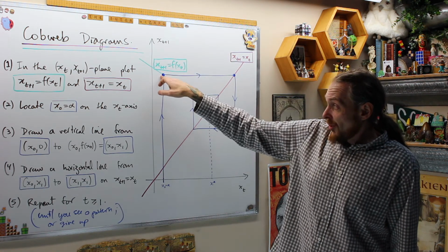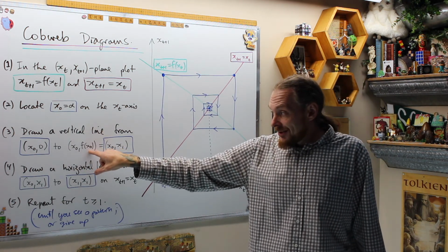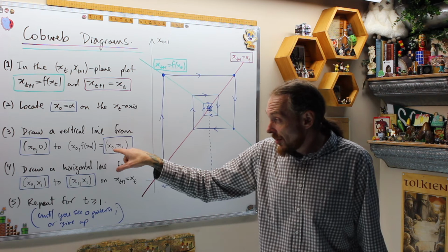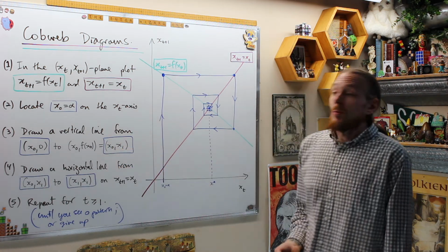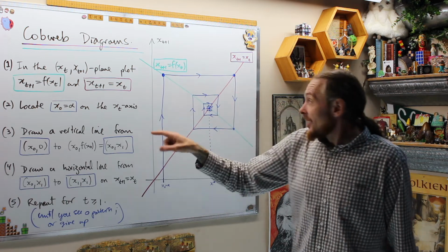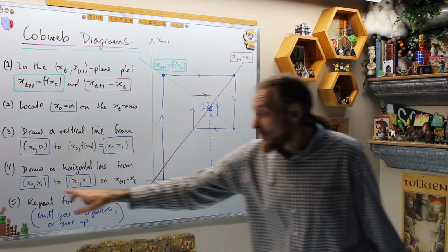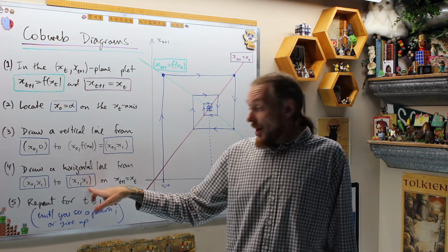That will put us at the point (x0, f(x0)), and f(x0) is x1. So this takes us to the point (x0, x1). Then we're going to draw a horizontal line from that point to the straight line x_{t+1} = x_t. And that's going to put us at the point (x1, x1).